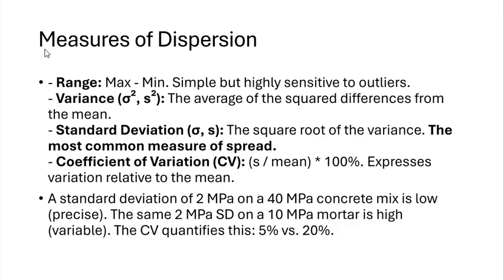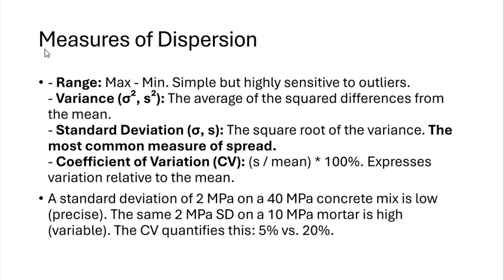Anyways, for example, a standard deviation of 2 megapascal on a 40 megapascal strength concrete. 40 is the mean then. A standard deviation of 2 in this is low, so it is more precise.